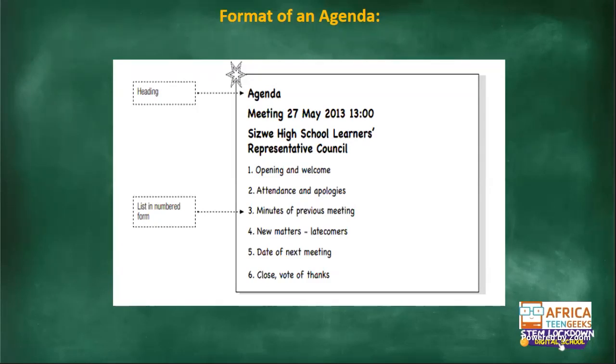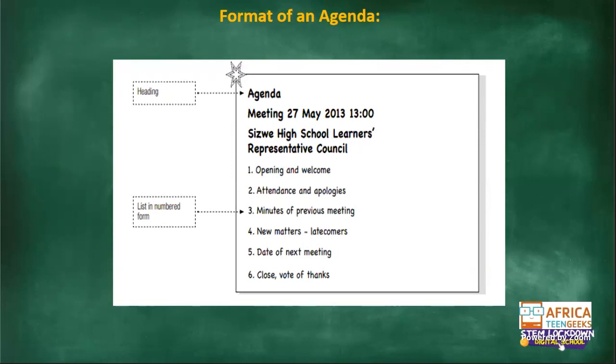Then you will have the minutes of the previous meeting read out. Then you would have new matters, the date of the next meeting, and you would close and give a vote of thanks. Remember, in the agenda, we don't give too much information about what's to happen in the meeting, because the meeting hasn't taken place yet.